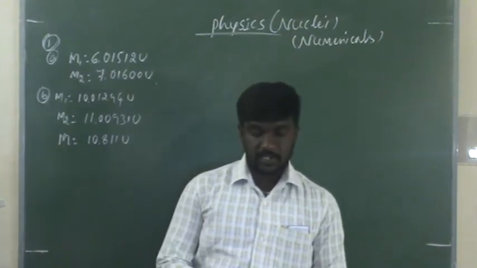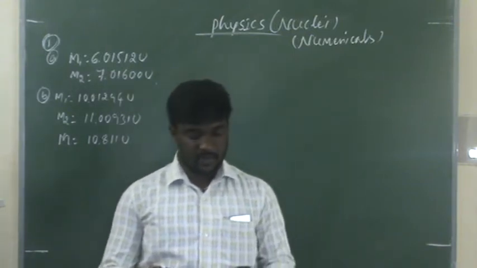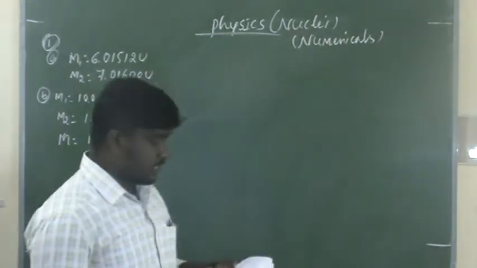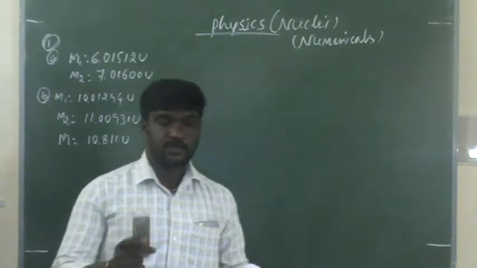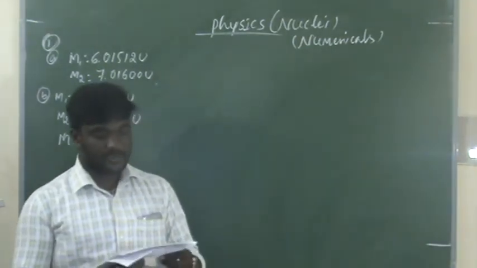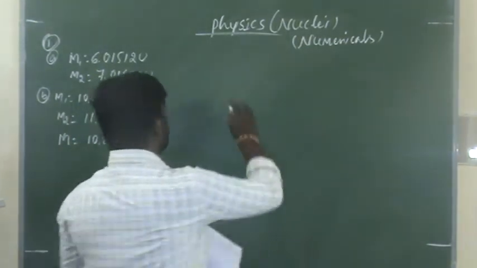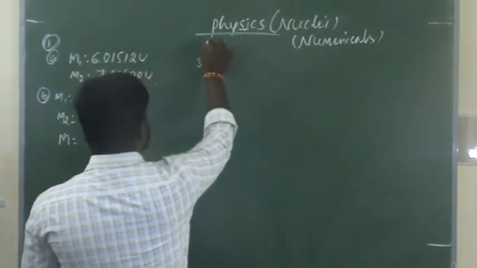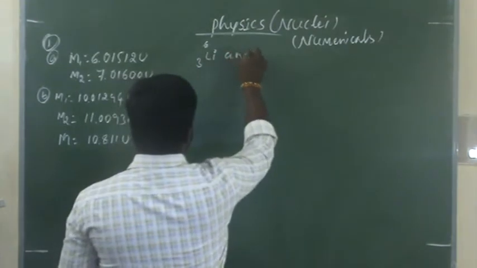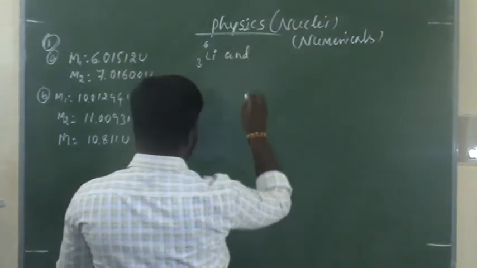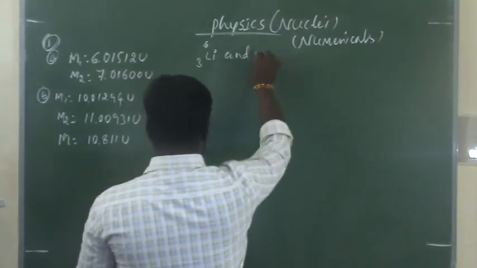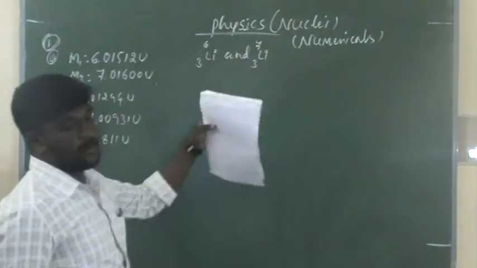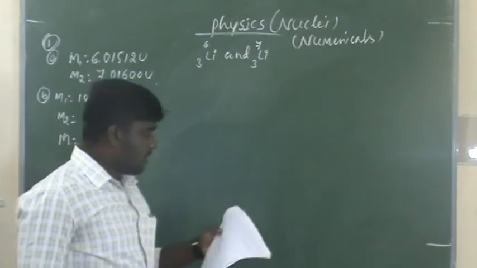So what is the question? Note the question. In the first question, the two stable isotopes of lithium, 3 lithium 6 and 3 lithium 7, are given.